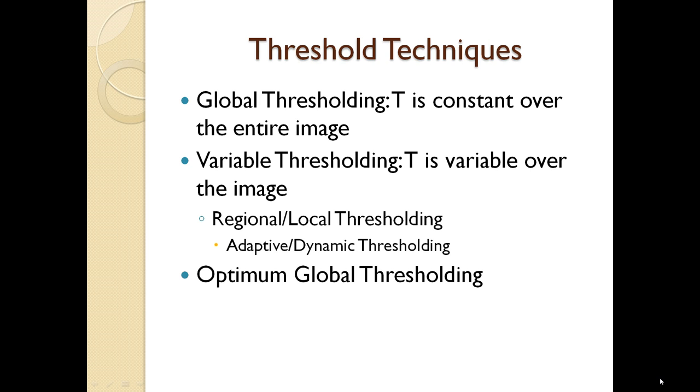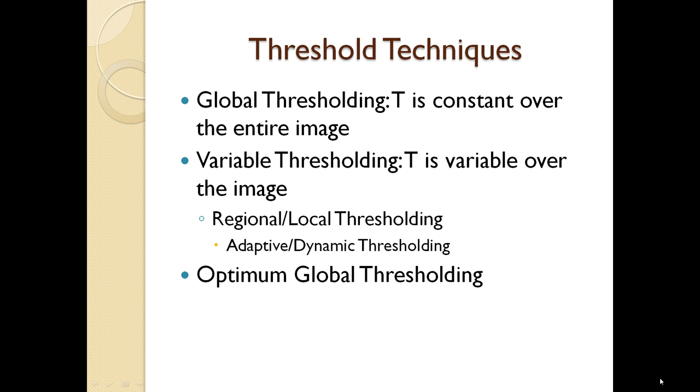Regional thresholding is when you have a variable threshold over certain areas or neighborhoods of a region, so you can have multiple thresholds based on a sampling or neighborhood of the image. An example would be the average intensity in a neighborhood xy for the given image, and that'll be different for a bunch of neighborhoods all across the image.